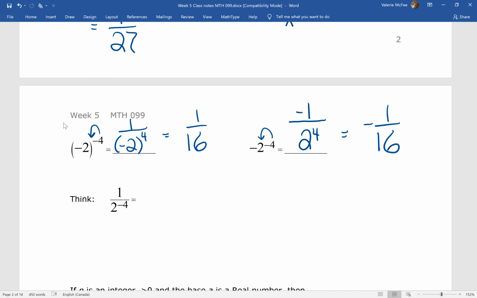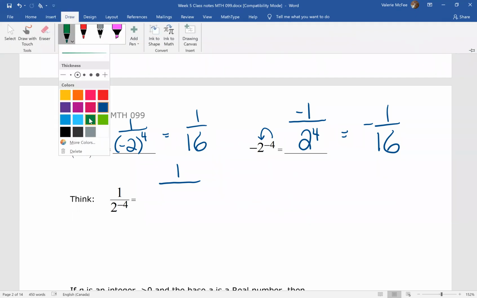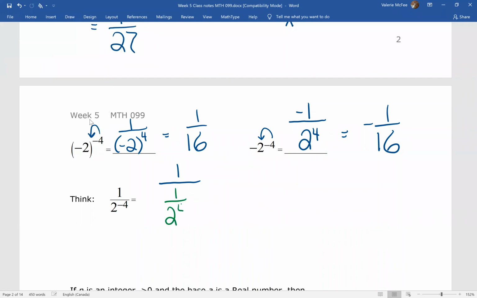All right, what about this question? 1 over 2 to the power of negative 4. Well, I'm going to write that 1 over. Now let's change colors here for a moment. We said that 2 to the power of -4 can be written as 1 over 2 to the power of +4.